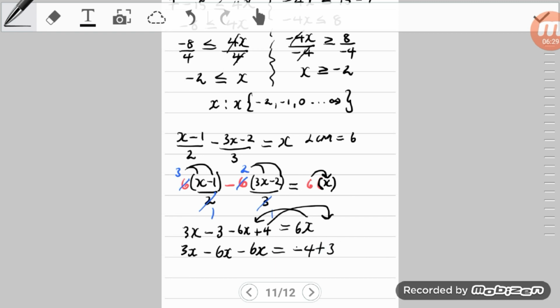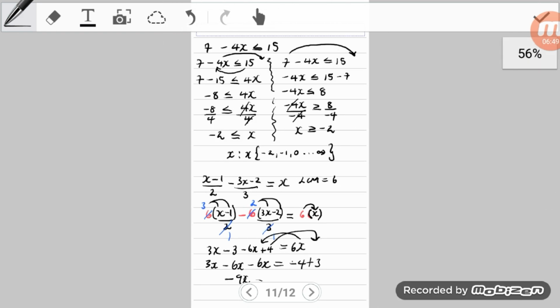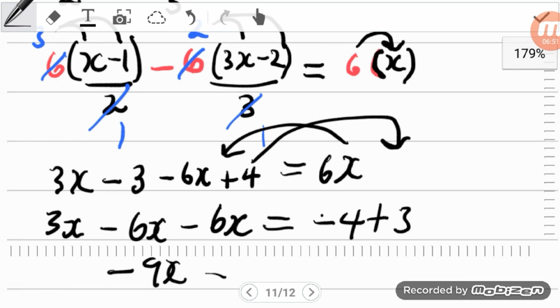So now we end up working out that 3x take away 6x is going to be equal to -3x. And -3x take away 6x is -9x. Alright? And that's going to be equal to -1.